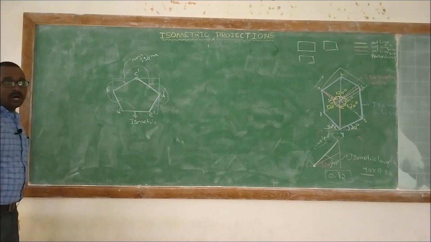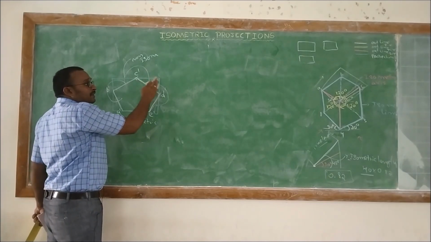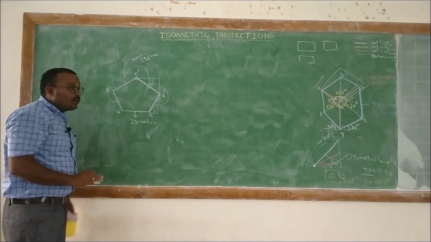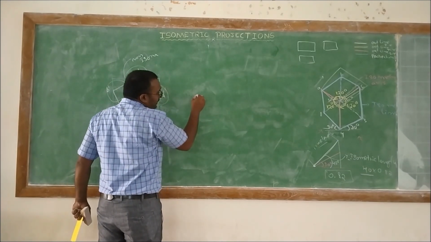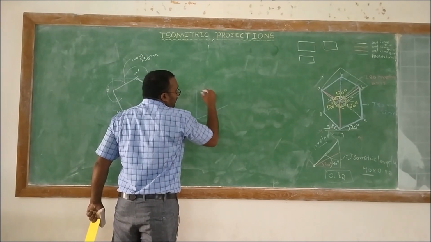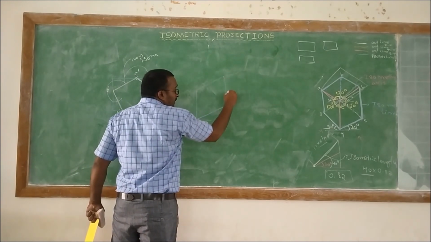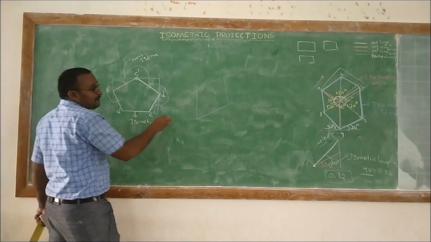We need to create a box. Then all the isometric lines are converted. Now we need to project the front view, top view and side view. Here it is the front view of the box, so the box dimensions should be equal to the outside box. Please remember that.